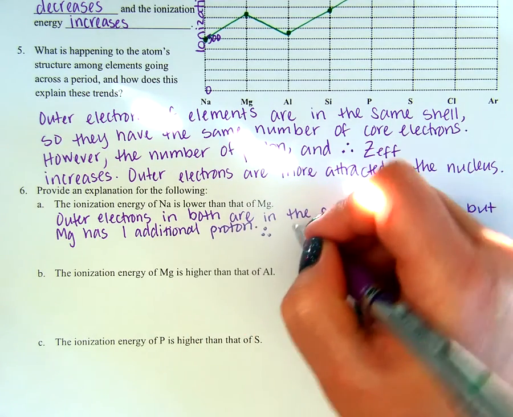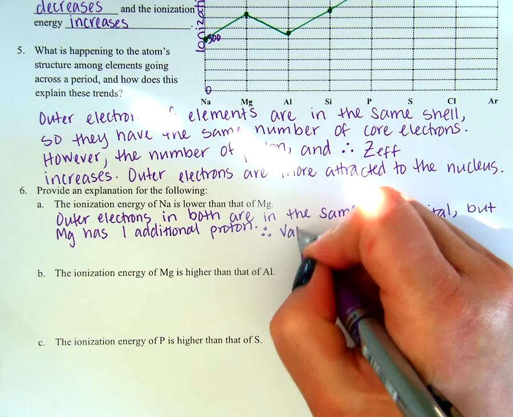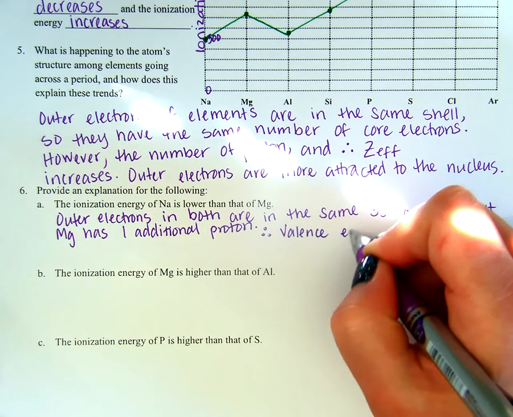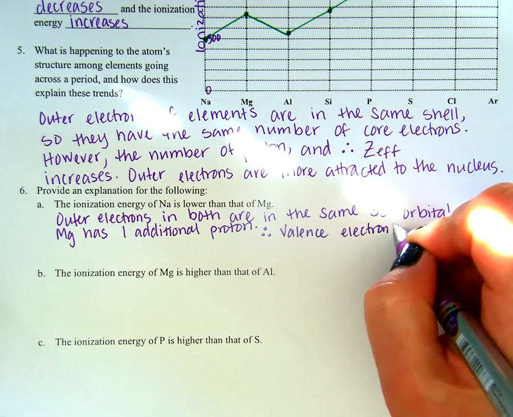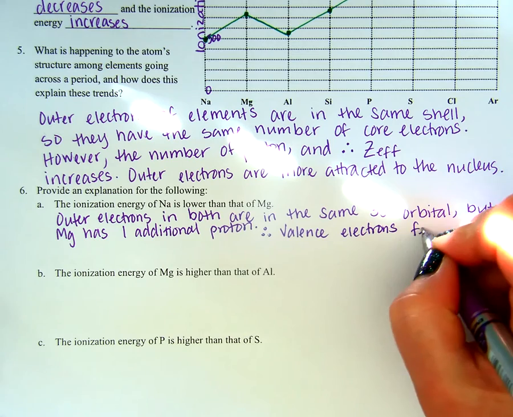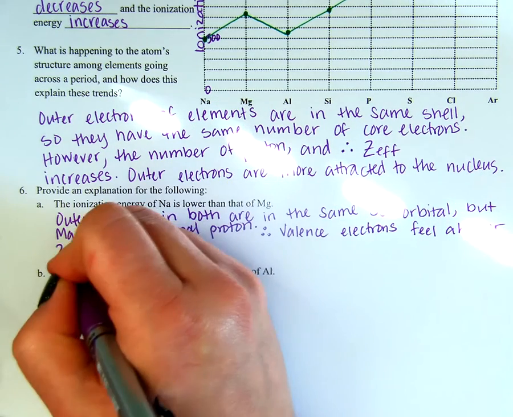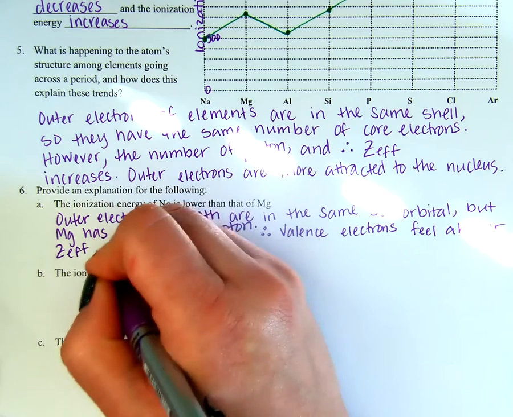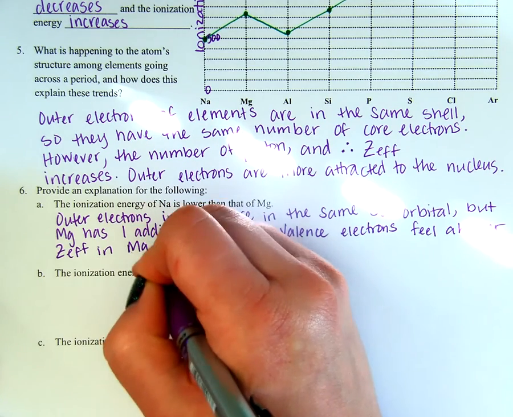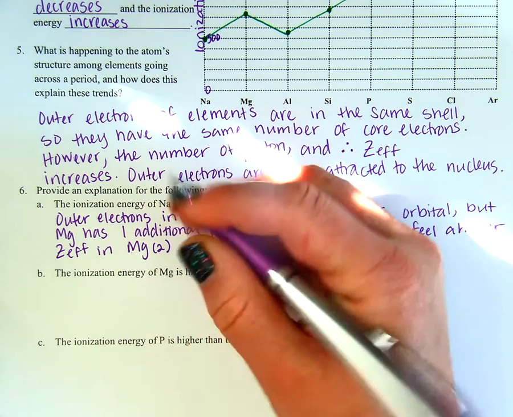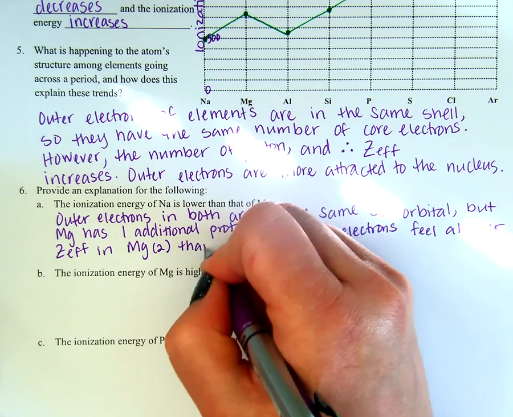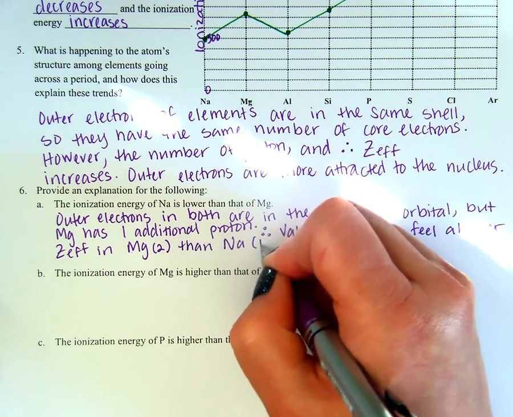Therefore, the valence electrons feel a higher Z effective in magnesium, which is 2, than in sodium, where the Z effective is only 1.